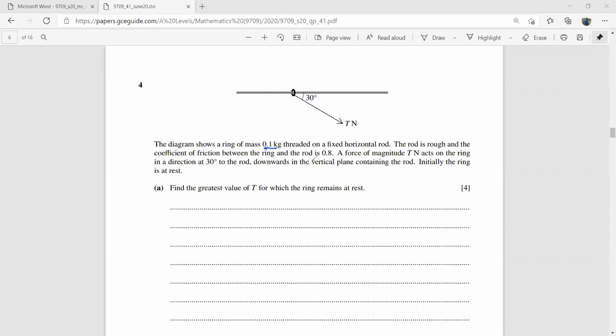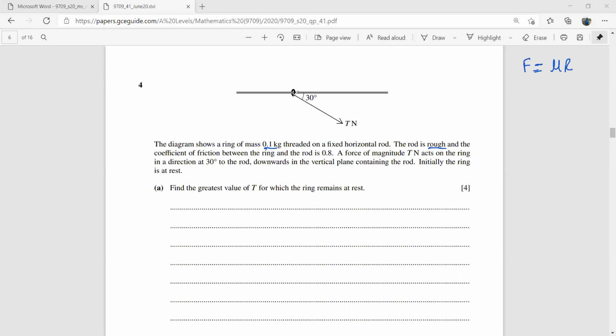Just remember that. Okay, and the rod is rough, and the coefficient of friction between the ring and the rod is given. Now, when you have this roughness here, you must have that R with you, since when you have to determine that frictional force, that is equal to mu R. So we are given the mu here, and let's see what that R is going to be.